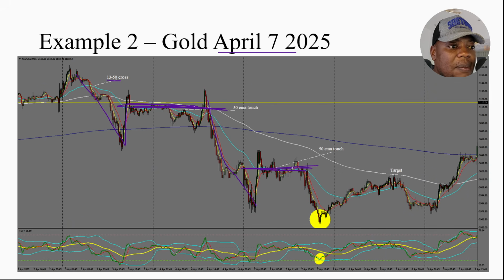Then at this particular point, we start to prepare for the shark fin. A shark fin was issued, you can see here, and when this green line crossed the red line, that is where we could have made our entry. Our target is right at the 200 EMA here, right? So entry here, target here, stop loss right below structure, right?